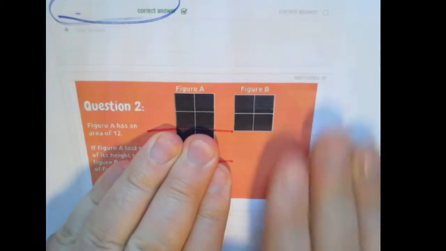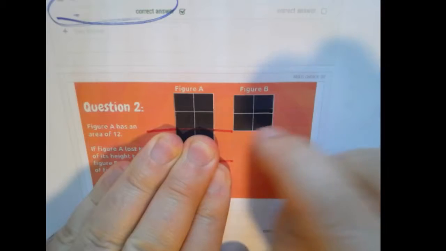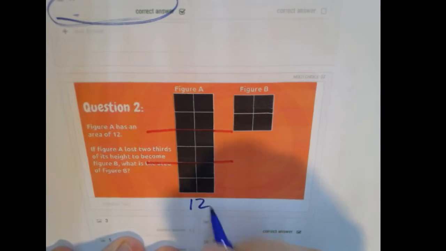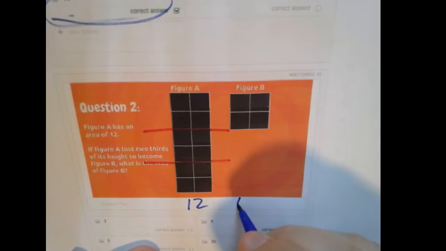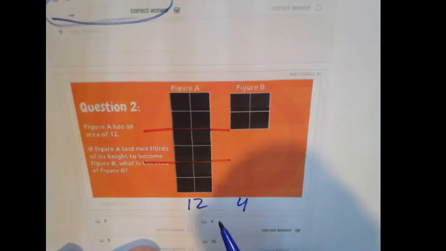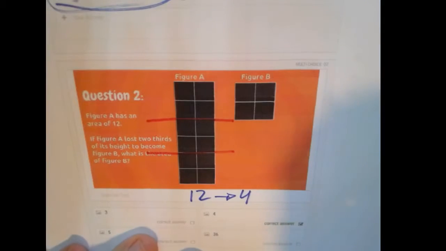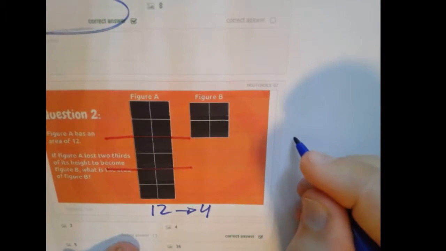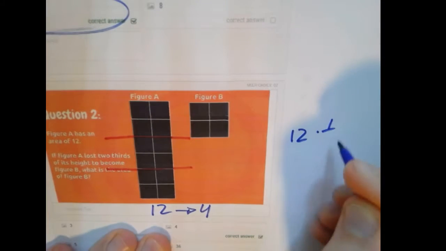It would only be a square here of 2 by 2. And what would that area be? It would be 4. So it would go from an area of 12 to an area of 4. We can picture that easy enough, but I want you to think of how that would look. What if we did 12 times a factor of 1/3?